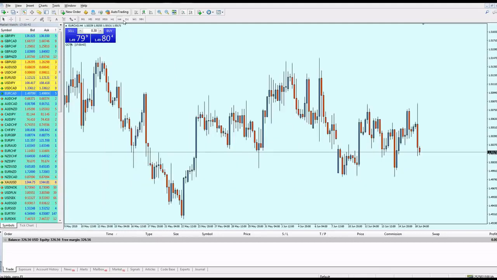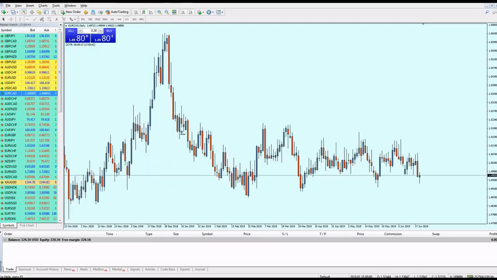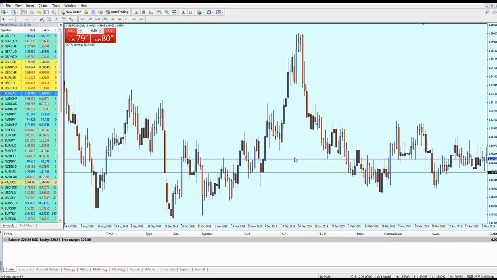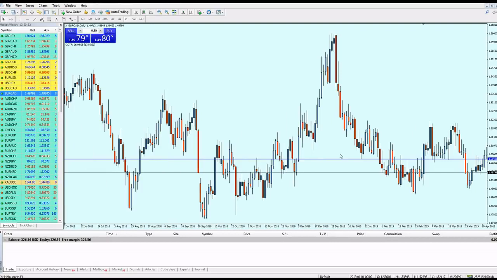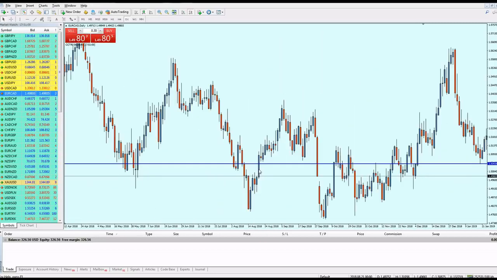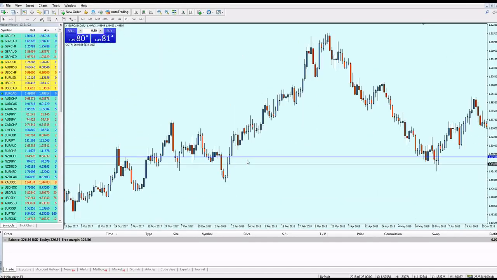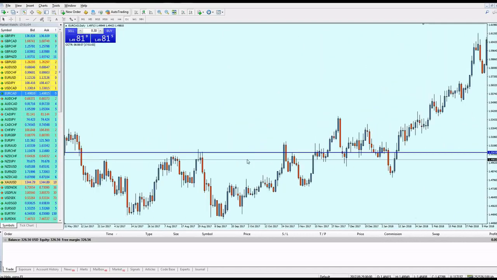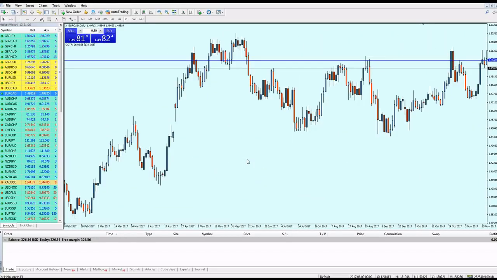One guy said, if you are telling me to enter on a support number 1, then how many years do you want me to check back to know if this was the first attempt? Meaning, he's asking how many years or months he should go back on the left to know if this was the first support or resistance on the level.